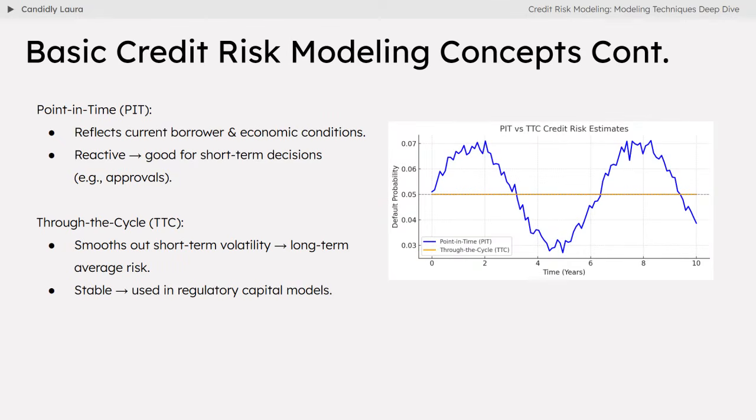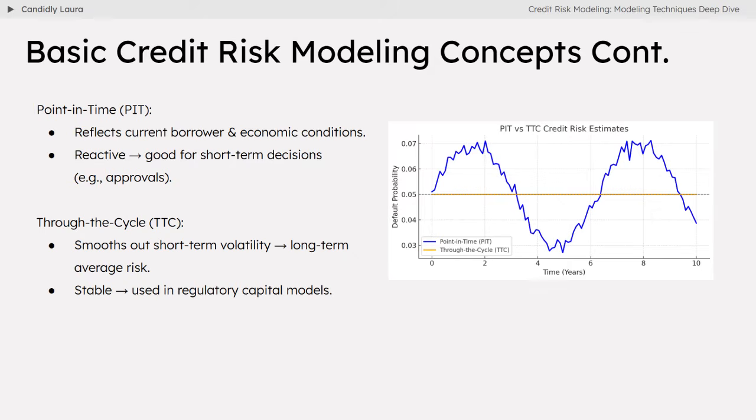When designing credit risk models, another key concept to consider is whether our model is meant to reflect point-in-time risk or through-the-cycle risk. Point-in-time models estimate risk based on current economic and borrower conditions. They react quickly to changes, making them suitable for short-term decision-making, like whether to approve a loan today.